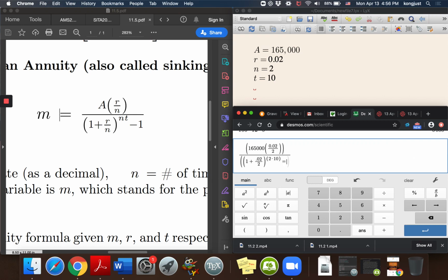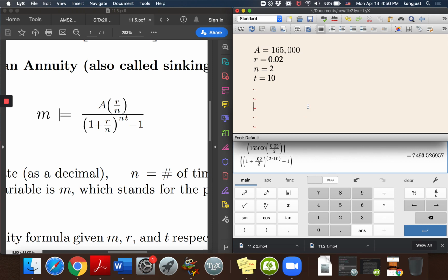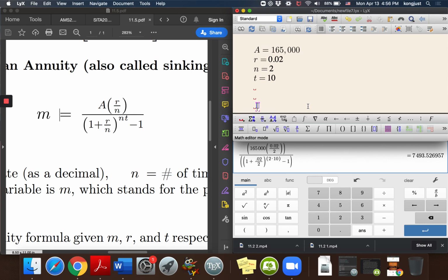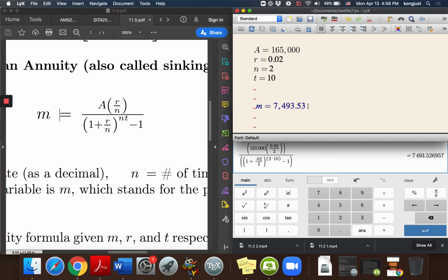Close that, subtract 1, and close it. And here's what I get, $7,493.53. Okay, so answer M is equal to 7,493 and 53 cents to the nearest cent.